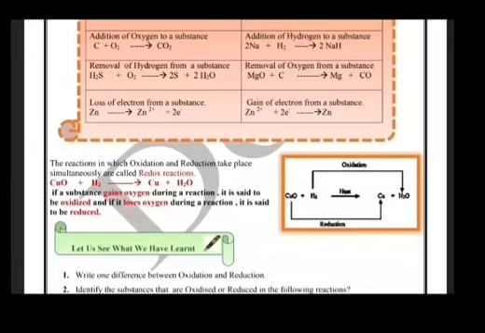In the example CuO plus H2 gives Cu plus H2O, we see CuO loses oxygen, so it is reduced. Hydrogen gains oxygen, so it is oxidized.